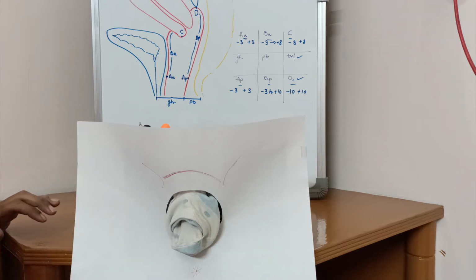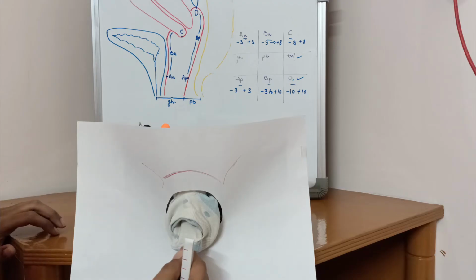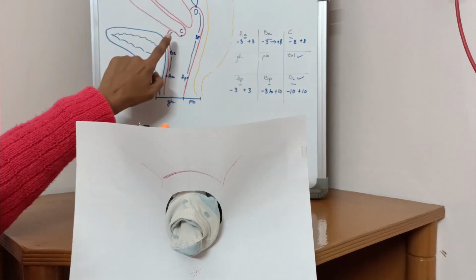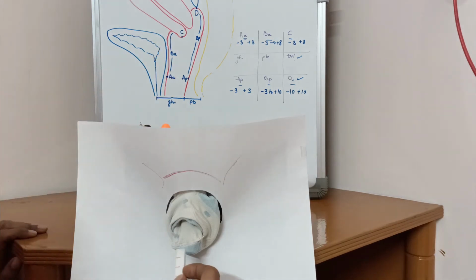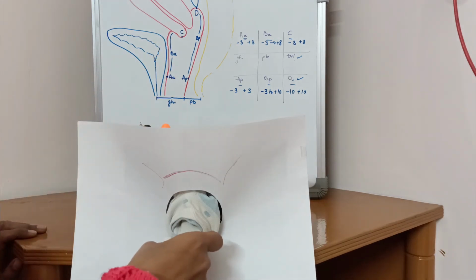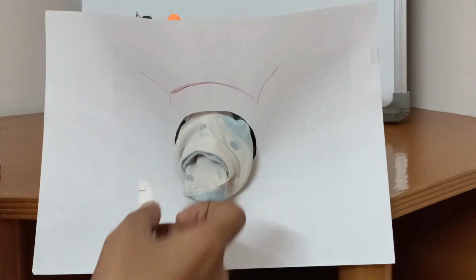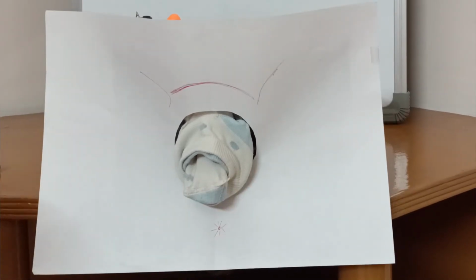It is outside the hymen. So this point has come outside. So measuring it again from the hymen, here we have it as a +2. So BA is our +2.